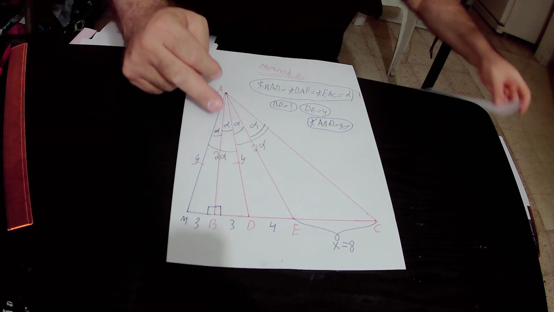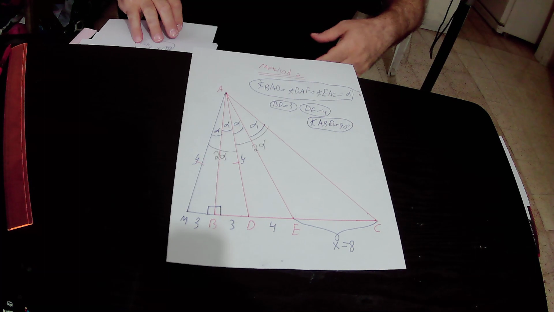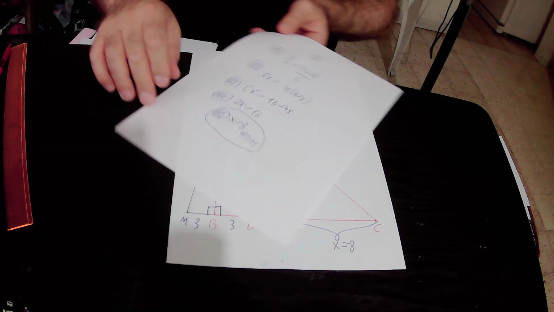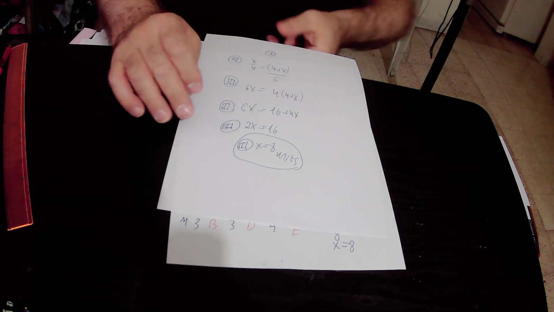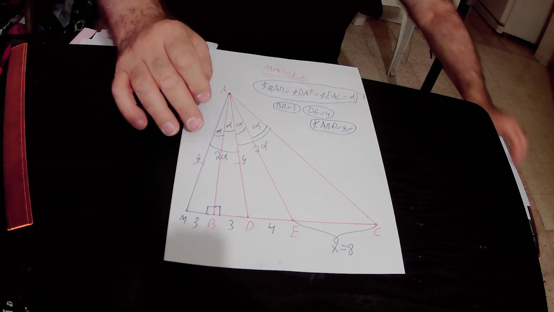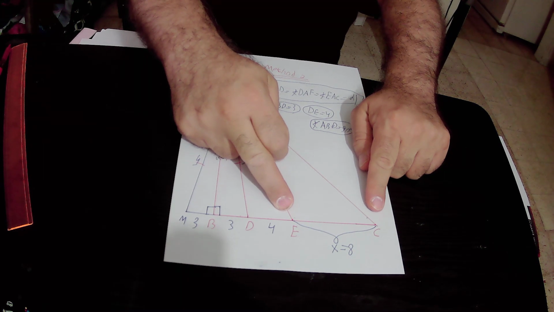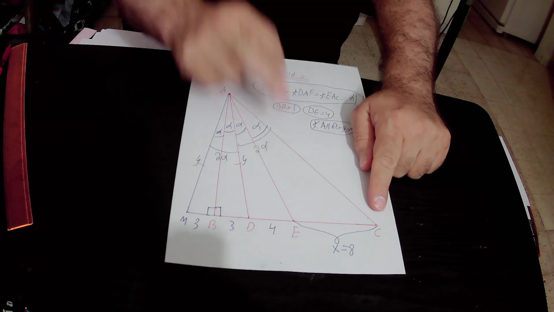We solve this simple equation, one variable in one equation, and find that the value of X is 8 units. So X equals 8 units according to the second method. The value of AC, which equals X, is 8 units. Okay, thank you very much.